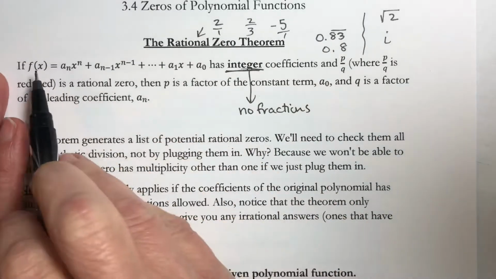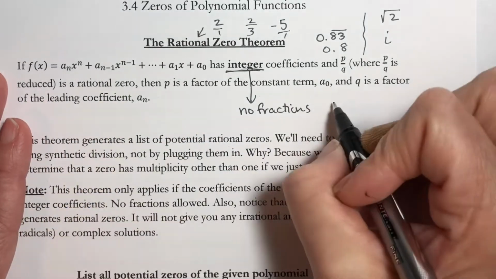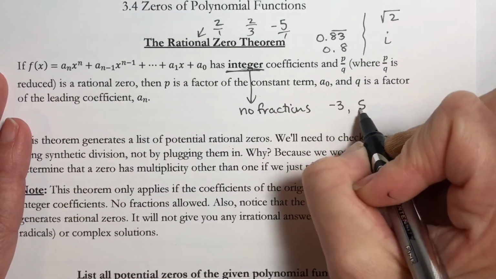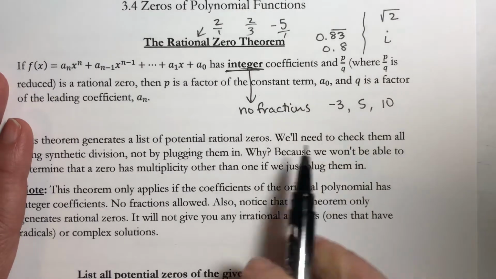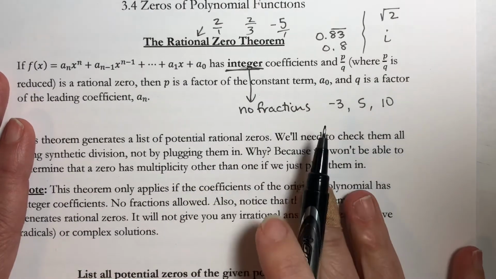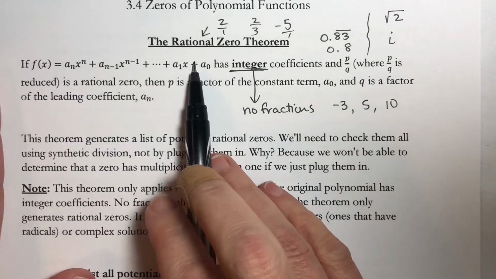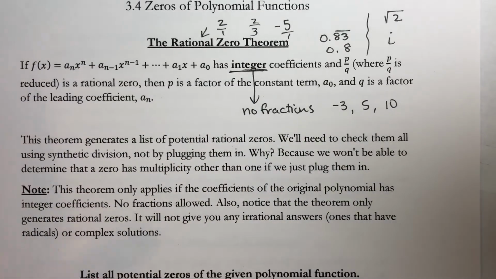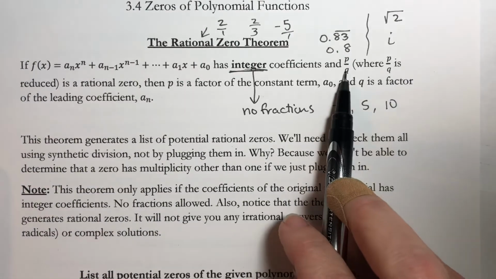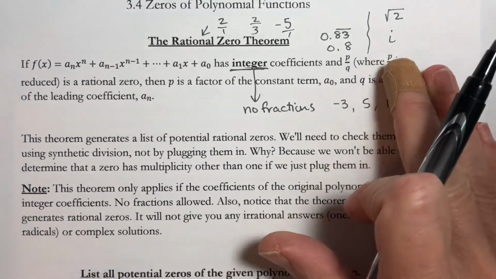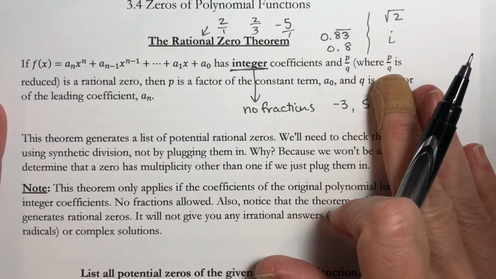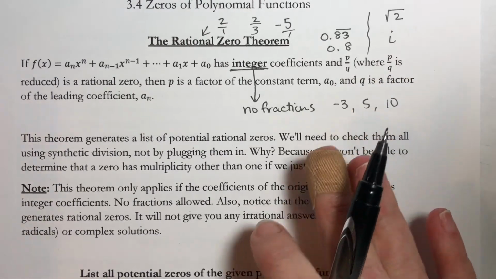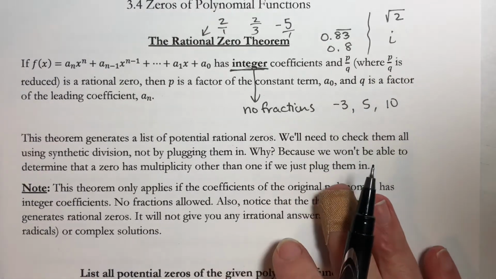We are only allowed for our coefficients to be -3, 5, 10, things like that. No fractions at all. So if we have a polynomial function where all of the coefficients are integers, then we are going to be able to use this theorem in order to create a list of potential zeros.